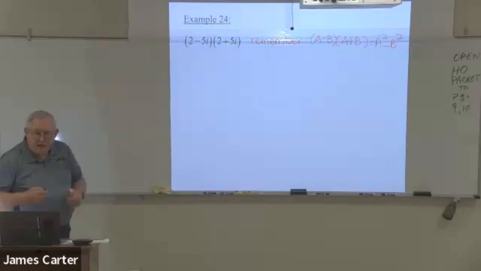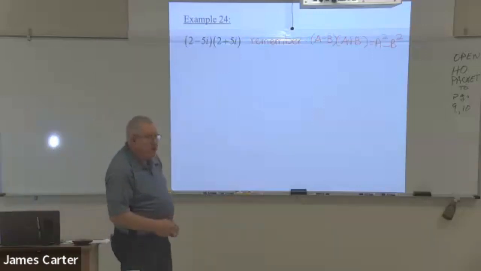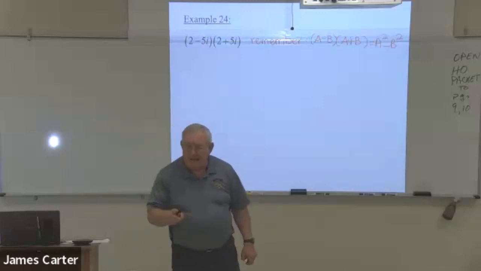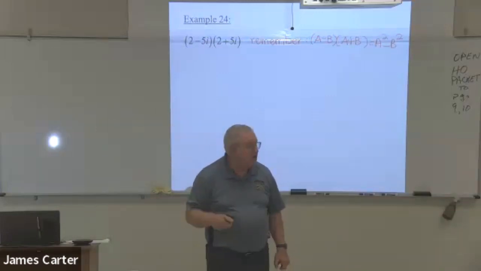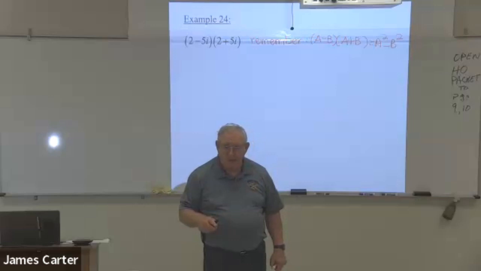Same first term, same last term, opposite signs. By the way, that format has a name. It's called conjugate, C-O-N-J-U-G-A-T-E. And you will hear me use that word throughout the remainder of the semester.